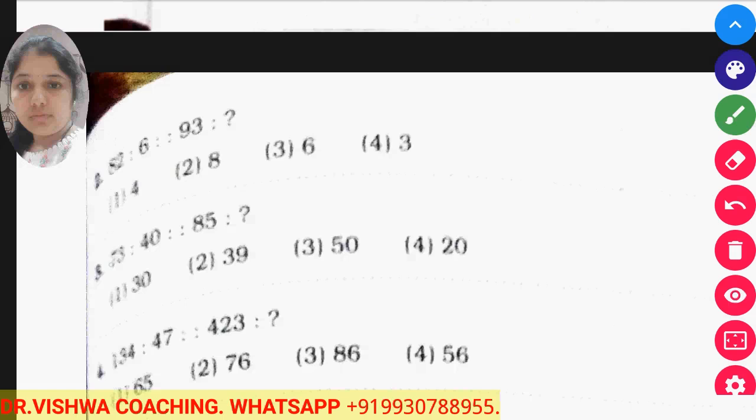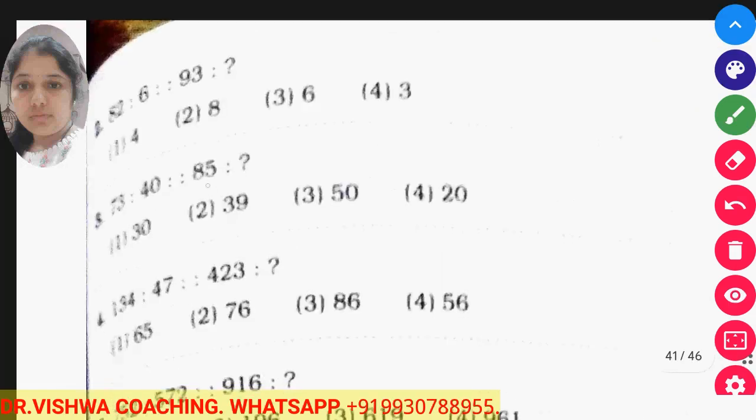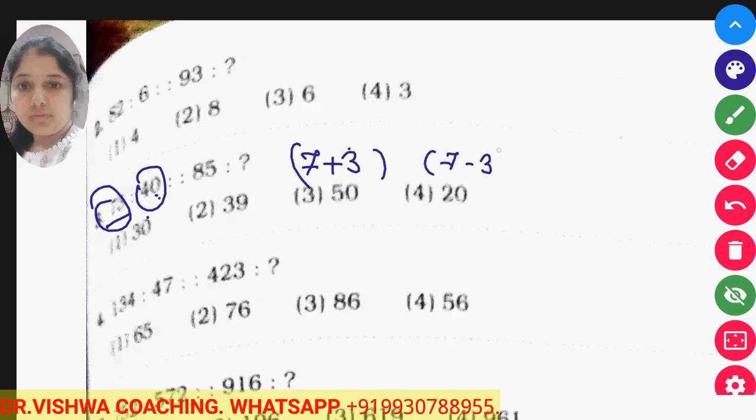Now here 73 and 40, both are in relation, and we have to find the relation between 85 and something. But you cannot do it like only 7 minus 3 is 4, and then 4 written here. But what about 0? So think another way. Here once they add and once they subtract, and then they multiply.